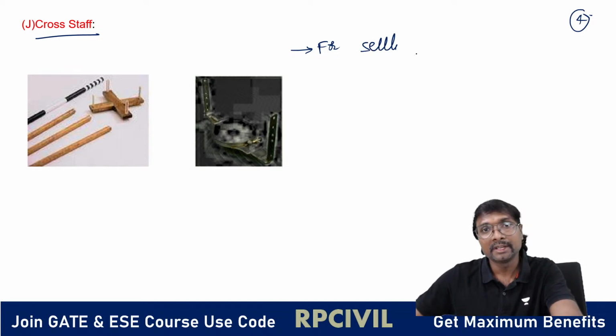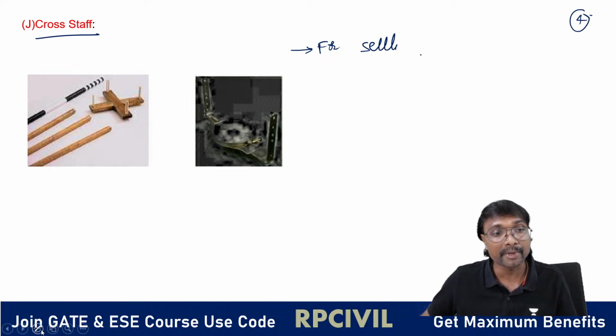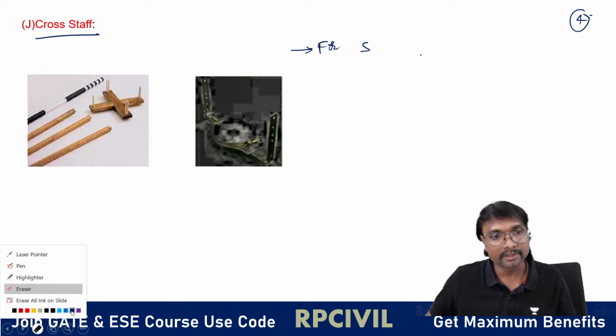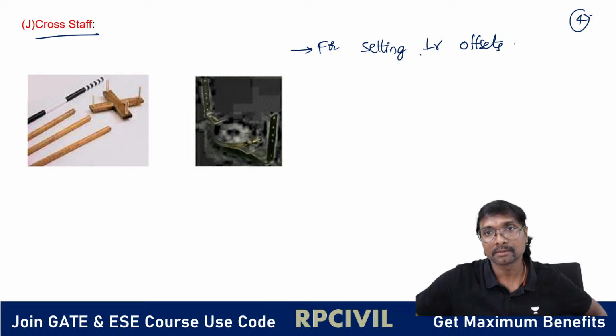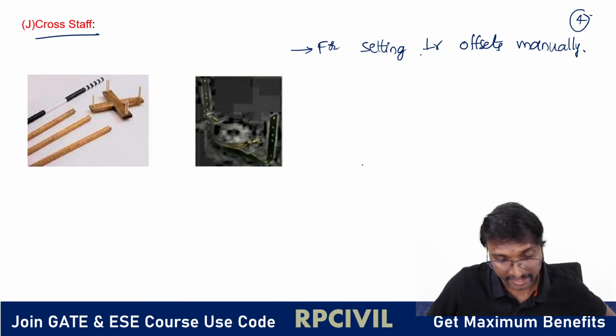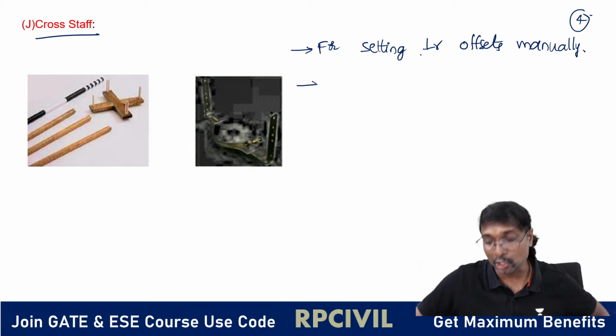This is for setting perpendicular offsets manually. Is it an optical observation or a manual observation?